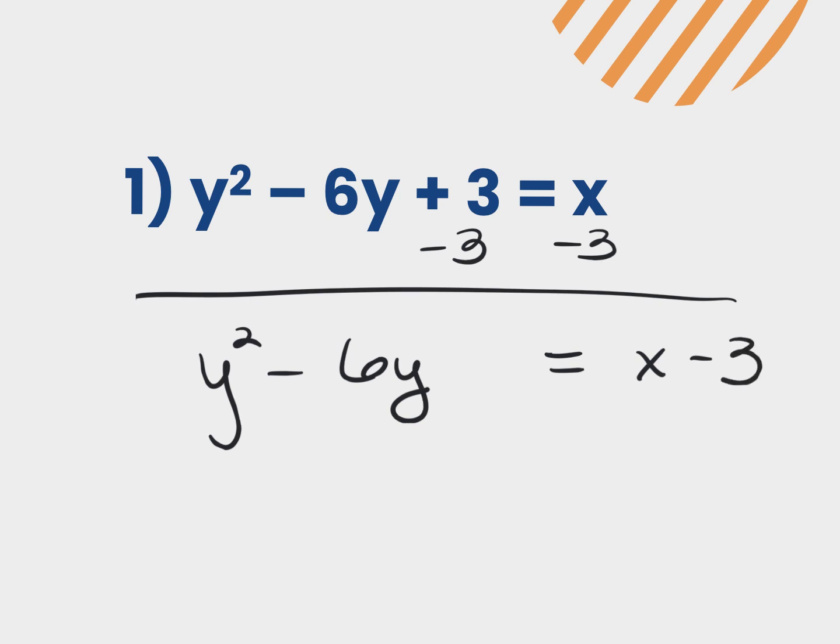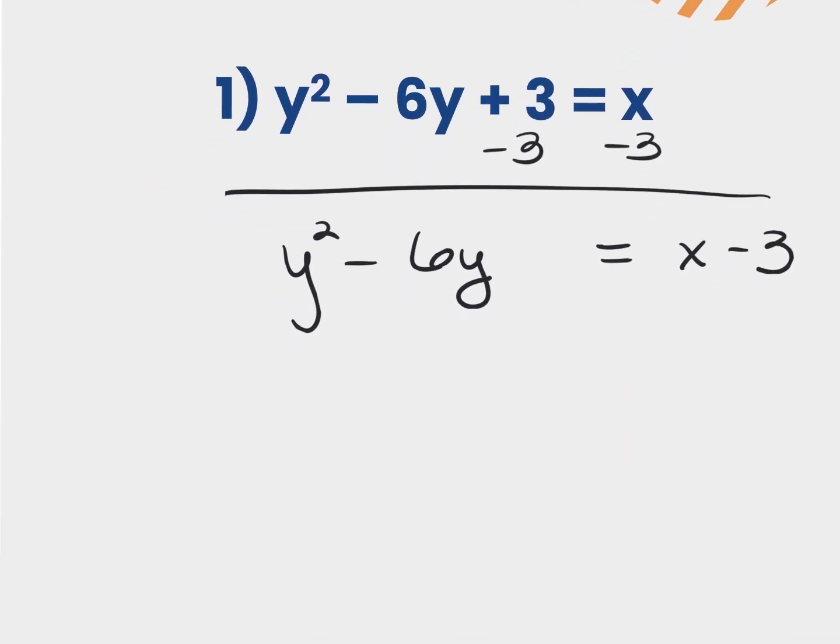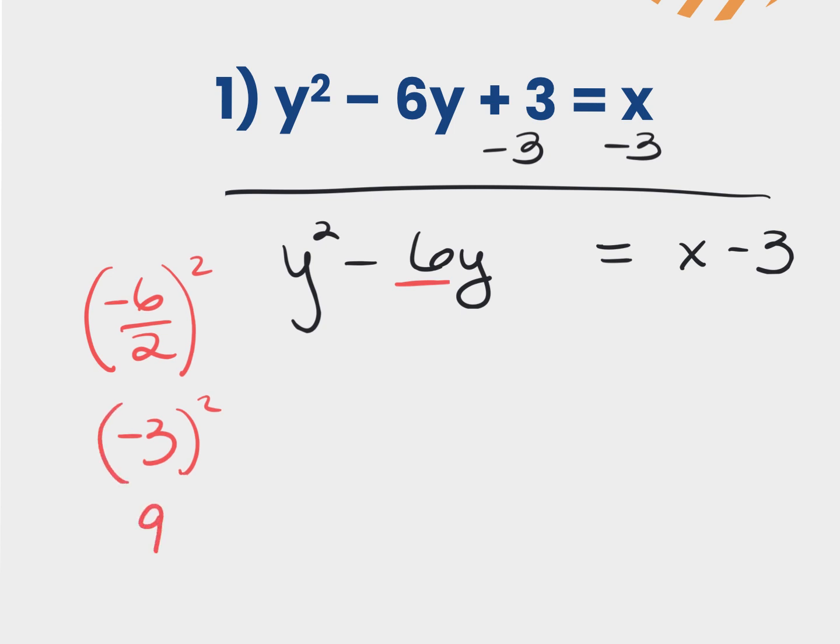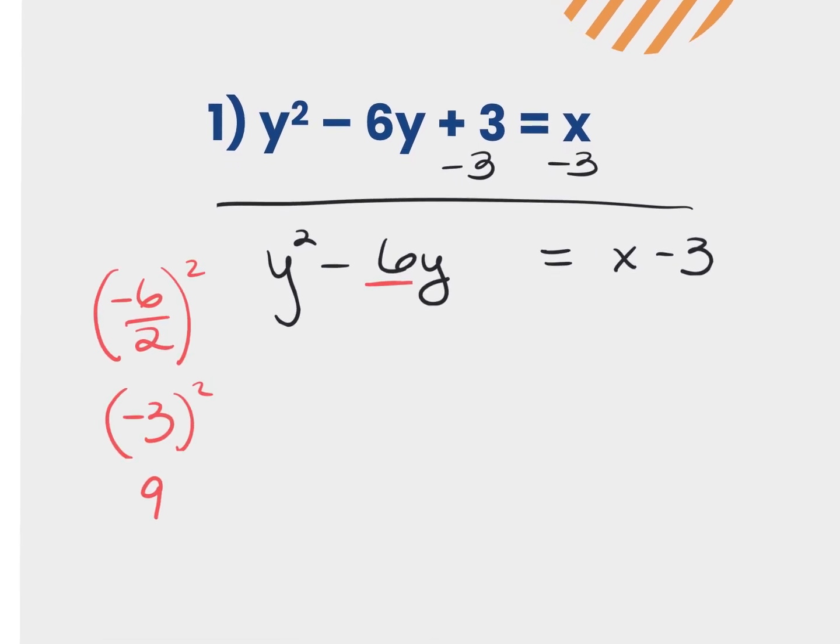So now I need to complete the square for my y variable. I take this b term, divide it by 2, and square it. I get negative 3 squared, which gives me 9. I'm going to now take that 9, and technically what I'm doing here is adding 9 here and 9 here.